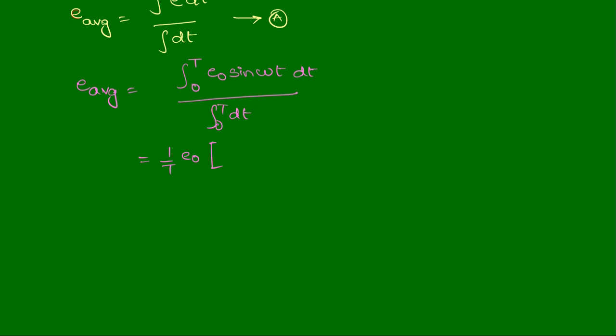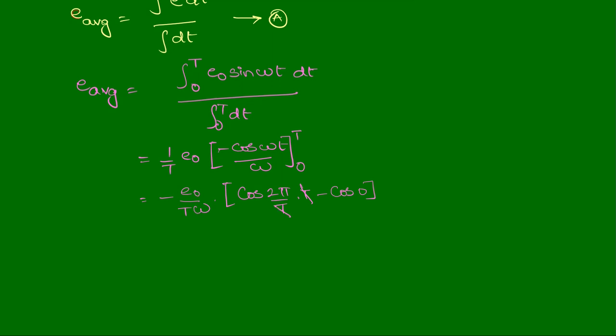and integration of sine omega t will be minus cos omega t by omega. So we can write it like this: minus E naught by T omega cos omega t, where omega is nothing but 2 pi by T into T. So the T's get cancelled.